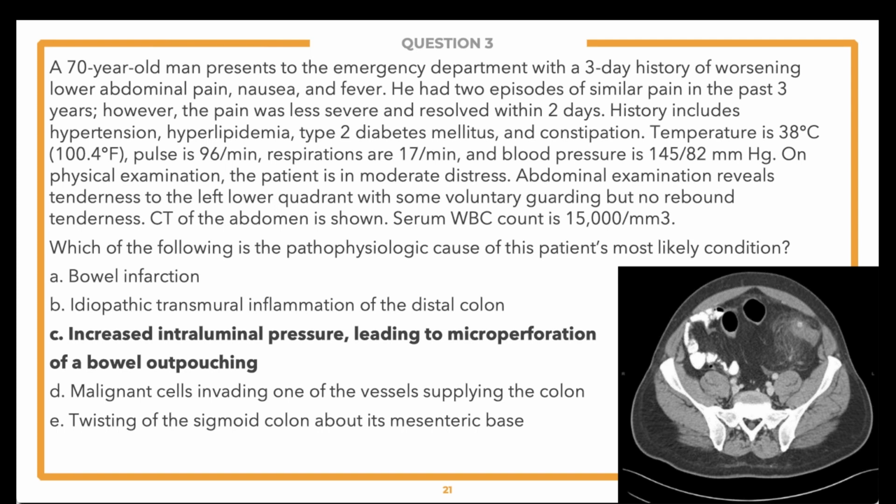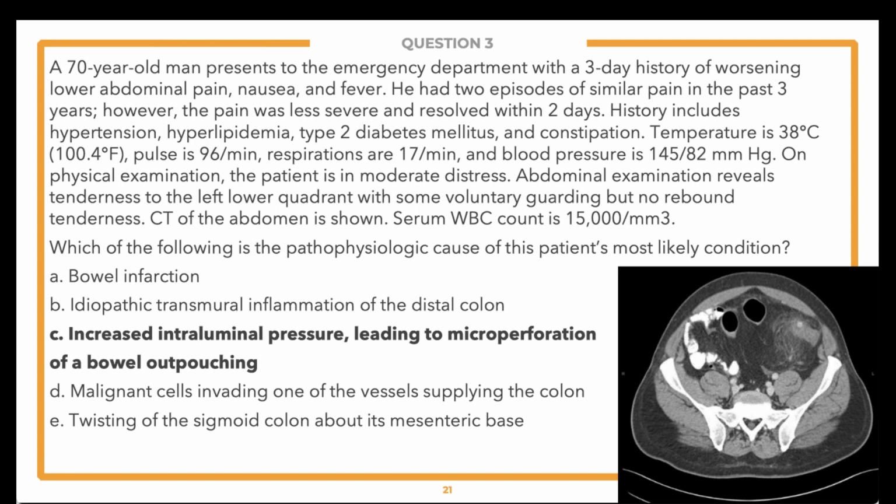So bowel infarction, which quite a few of you went with, presents with acute pain. This results from embolic arterial occlusion of the superior mesenteric artery, and that's going to be characteristic of acute mesenteric ischemia, which presents with periumbilical pain.